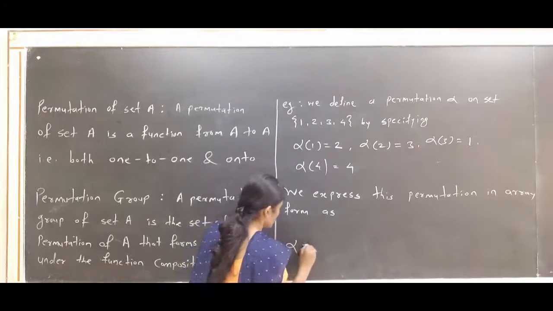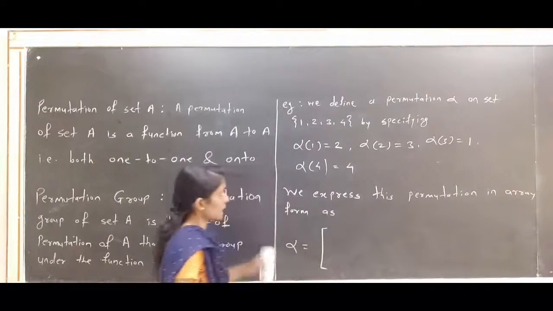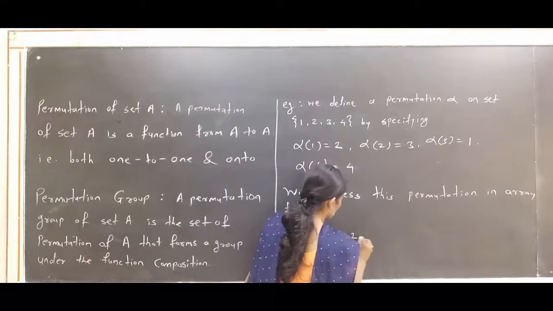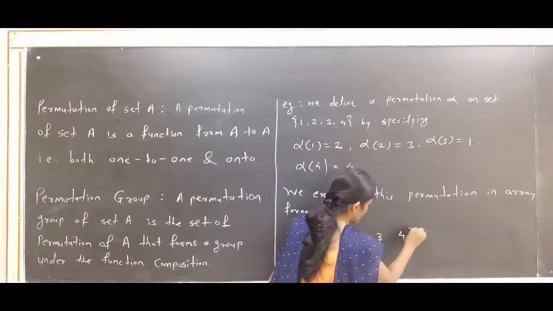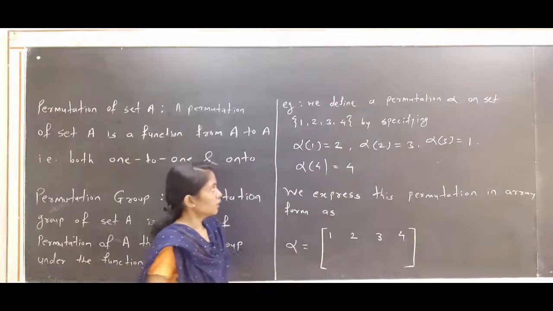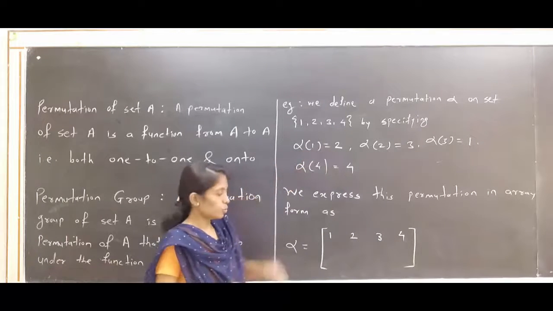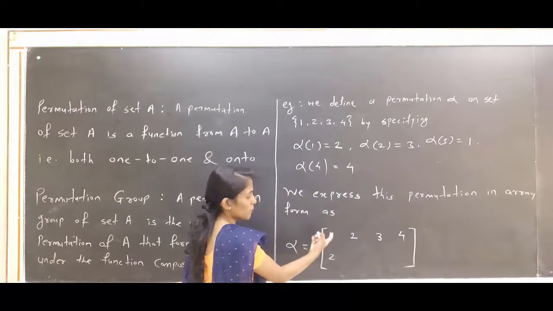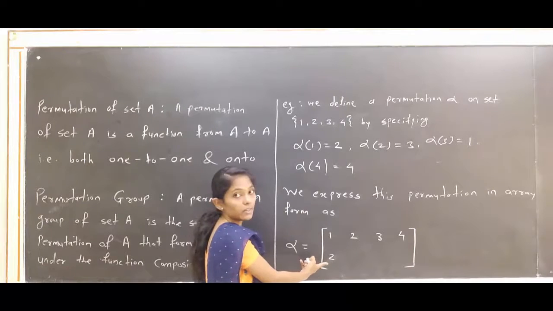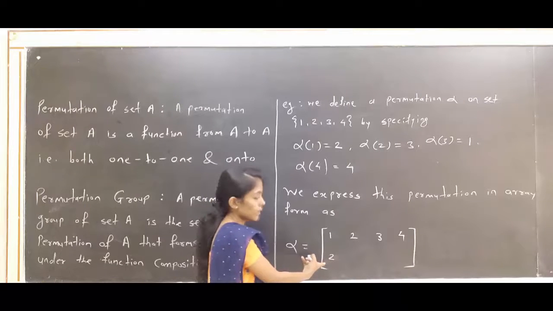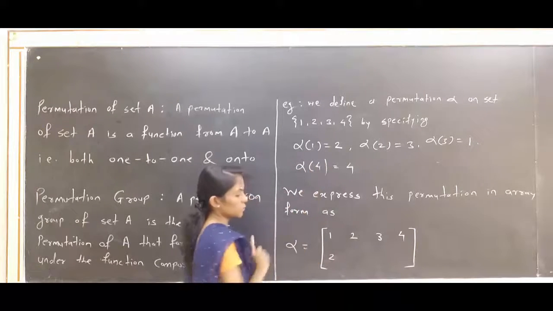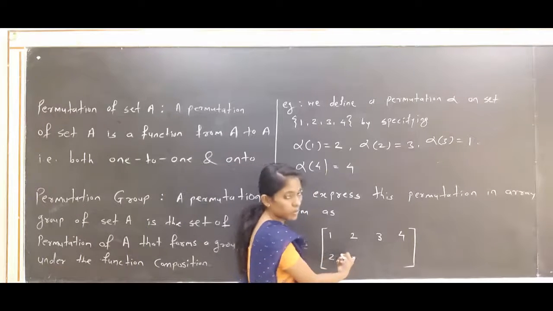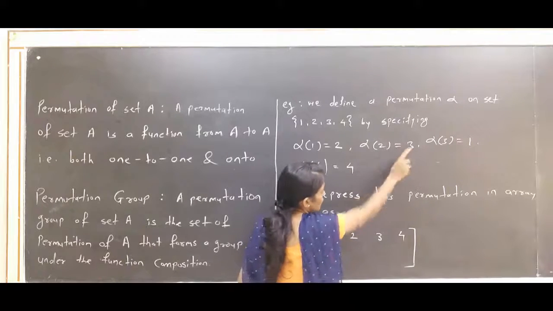So array form alpha equals, so write down first the elements of set 1, 2, 3 and 4. Now alpha of 1 is 2. So below entry 1 write the entry alpha of 1. So alpha of 1 is here 2. So we write here 2. Now below 2 we write alpha of 2. So alpha of 2 equals 3.